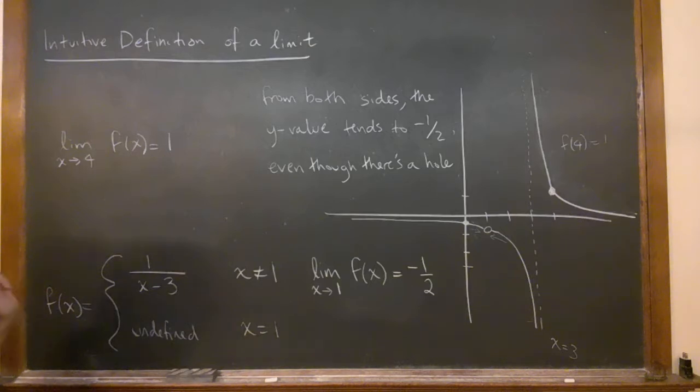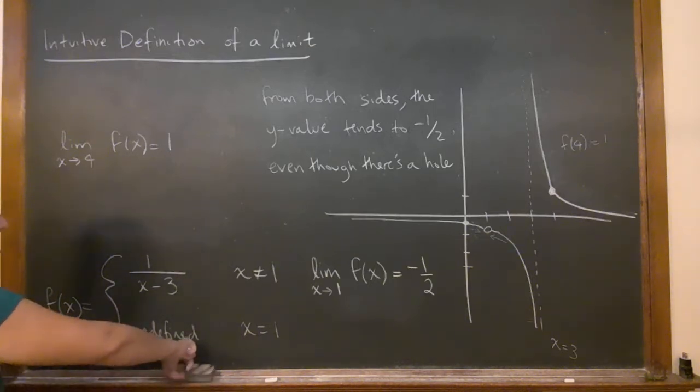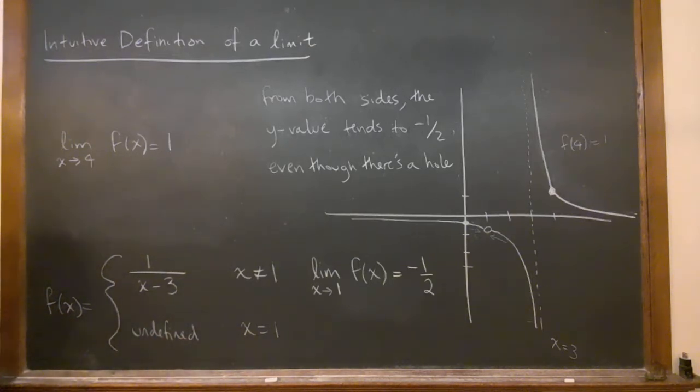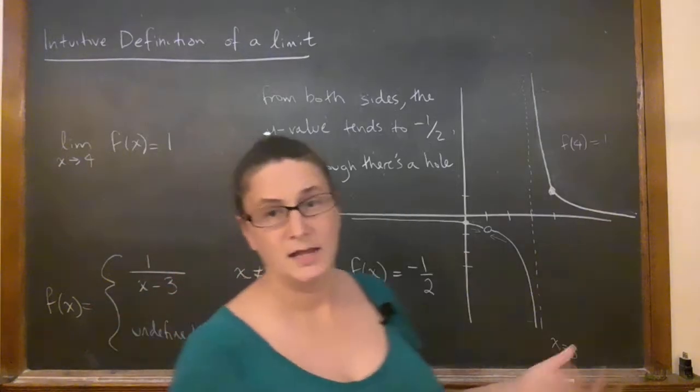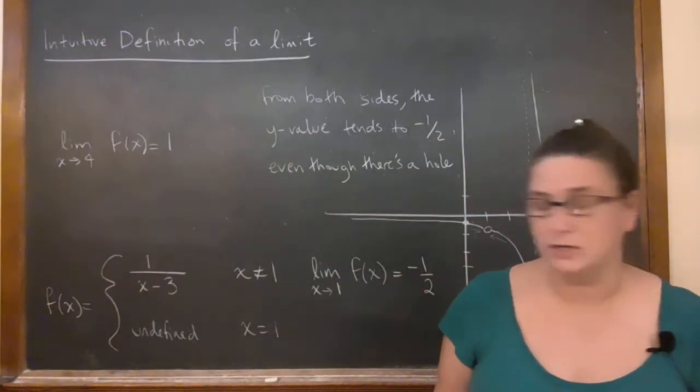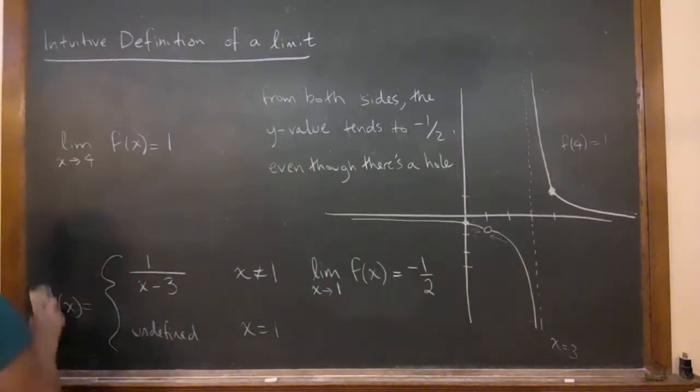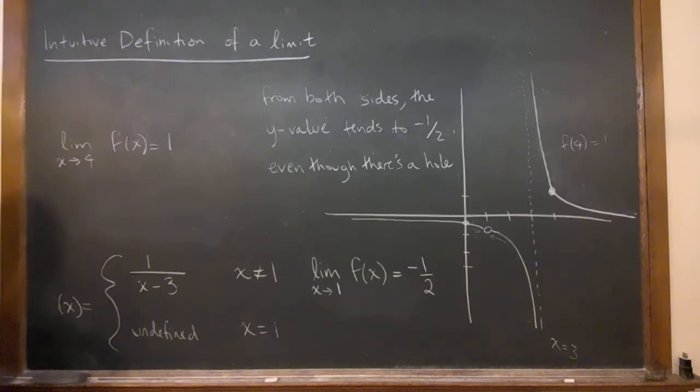Now let me switch it up a second. Let's say I could fill in this hole. It's undefined here, so I could define it. Now it's going to be a different function. I'm going to call it g, and I'm going to give it some definition.